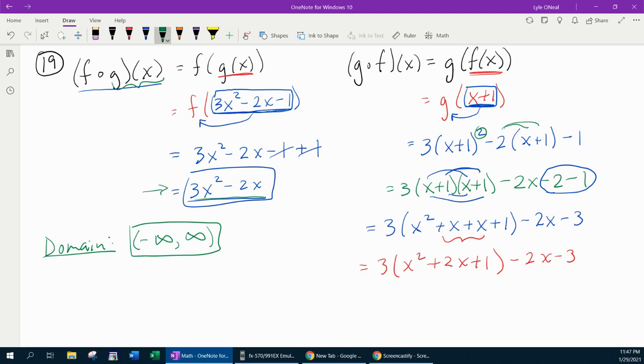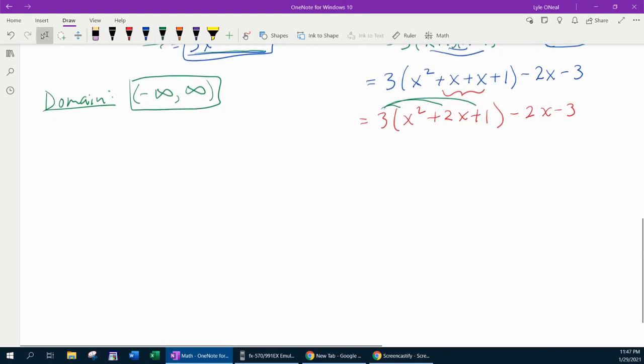And then we're going to use the distributive property. And that's going to give us 3x squared plus 6x plus 3 minus 2x minus 3. And then CLT one more time. CLT, combine like terms.